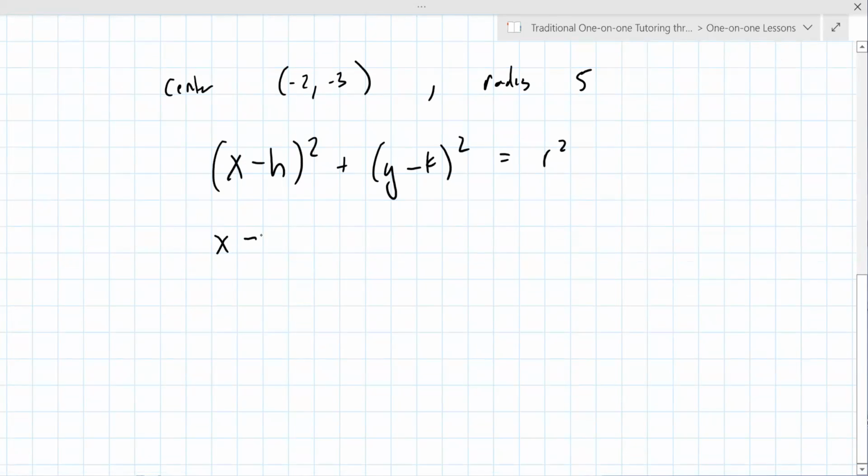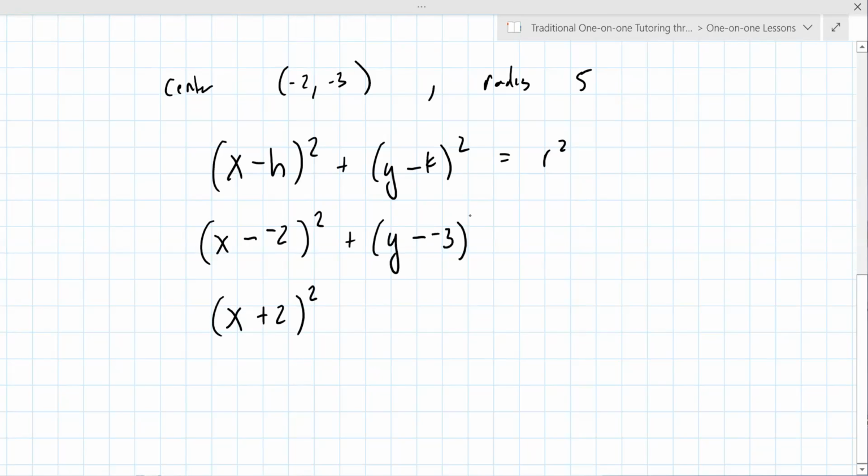It's x minus -2 squared, but that becomes x plus 2 squared. See how the two negatives combine into a positive? Plus y minus -3 squared, y plus 3 squared, equals 5 squared.